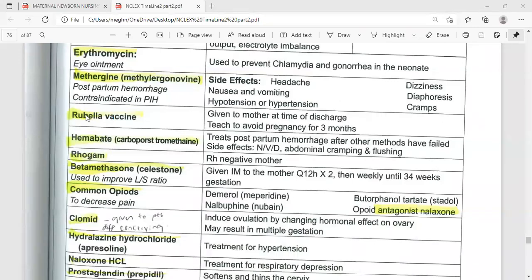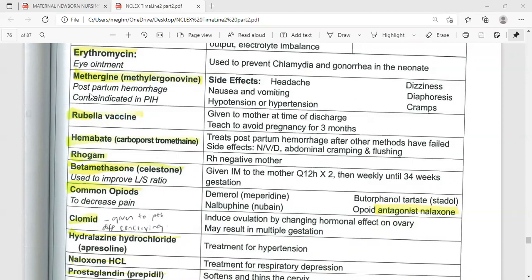If you give the rubella vaccine, make sure to check for egg allergies first. So if your patient has an egg allergy, it is good not to give the rubella vaccine. Rubella you can give combined with measles and mumps, or you can give separately.